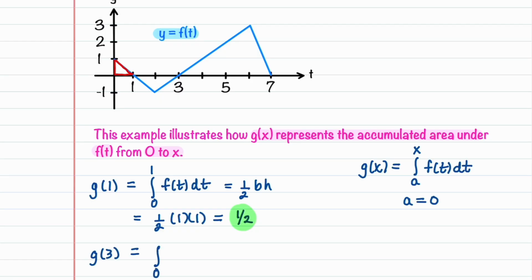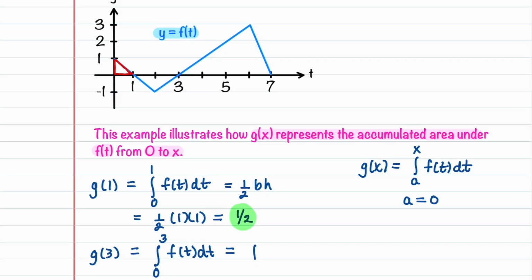Now let's find g at 3. This is the integral from 0 to 3 of f of t dt. Because we already know what the integral from 0 to 1 is equal to, we're going to split this integral up into the integral from 0 to 1 of f of t dt plus the integral from 1 to 3 of f of t dt.